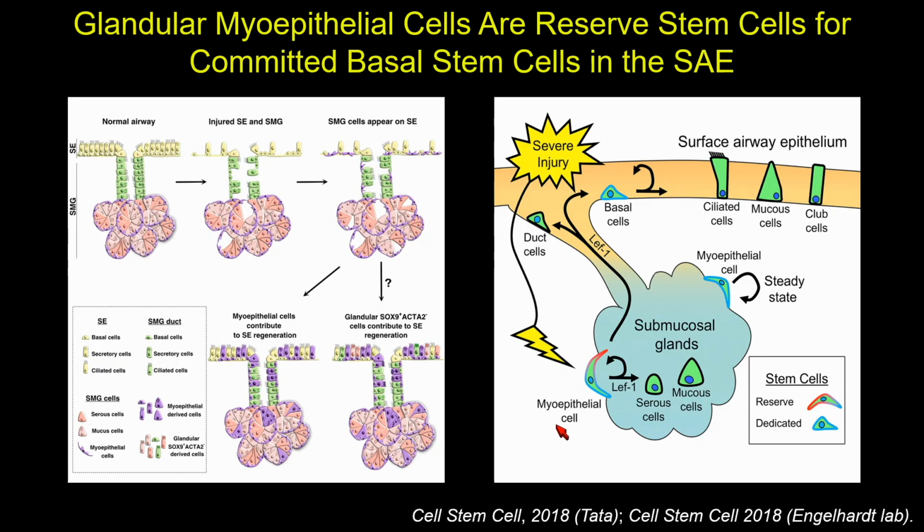Here, lineage tracing in mice revealed that a subset of glandular myoepithelial cells, identified as resident stem cells, were able to regenerate ciliated cells, mucous cells, and club cells of surface airway epithelia following severe injury.